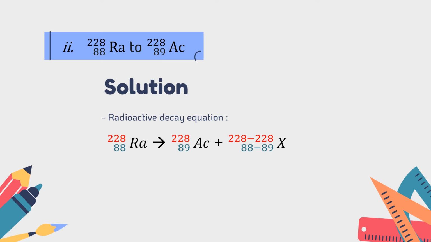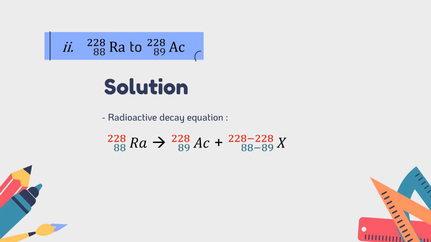After solving the simultaneous equation, we will get 228 minus 228, exactly like what I have written here at X. And next, for the proton number, 88 from the left side is equal to 89 plus Z at the right side. Therefore, if we do 88 minus 89, we will get negative 1.